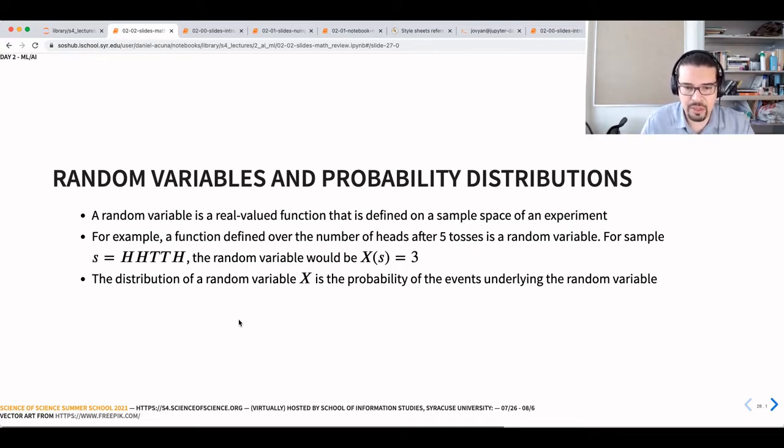For example, let's say I have the following experiment: I toss a coin 5 times. I want to create a random variable that represents the number of heads that I have in that experiment. So this random variable X represents that concept I just mentioned.